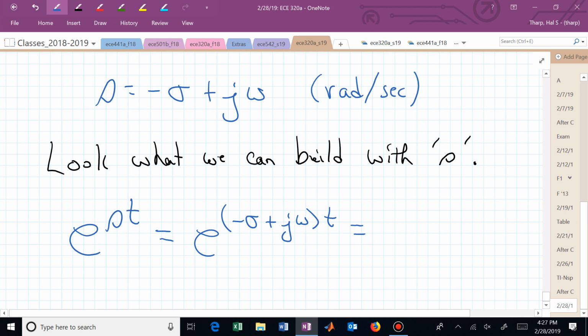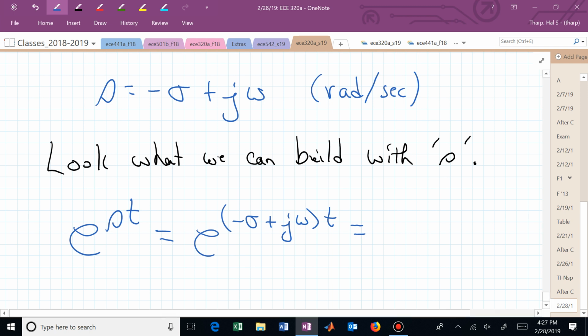But now we can start utilizing some of our math skills and say, oh, this sum in the exponent, I can now separate that into two terms that are the product of those two terms. Because the product of these two terms, I can now just add their exponents.